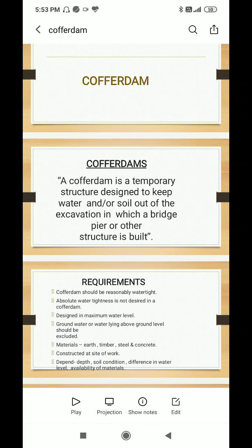The water to be excluded by a cofferdam may be either groundwater or water lying above ground level. It may be deep or shallow and still or running.